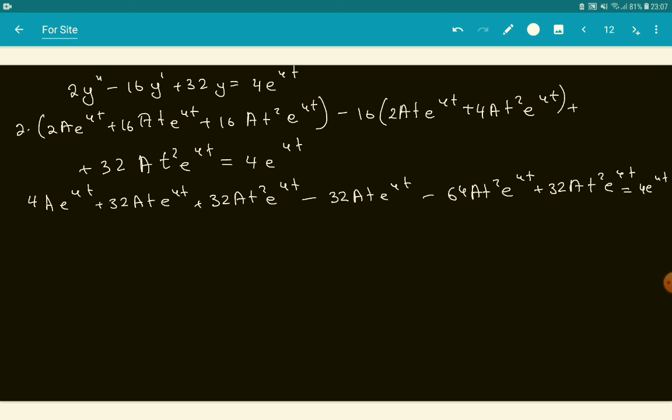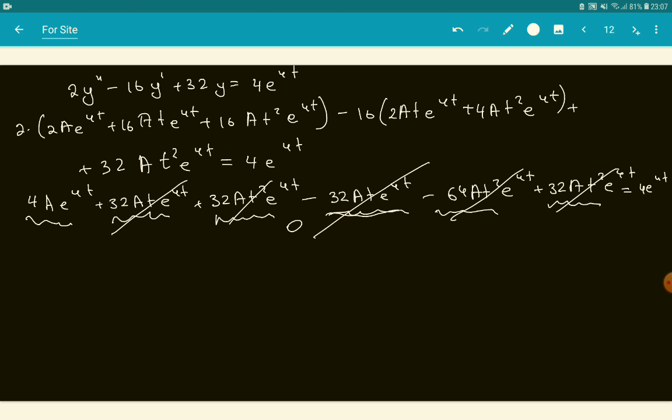Now we need to calculate the same things. This one and this one are the same, one positive, one negative, and the same goes for the others. If I add them and subtract, it will be 0 again. So I find that 4a e^(4t) is equal to 4e^(4t). Now you can see that a is equal to 1.